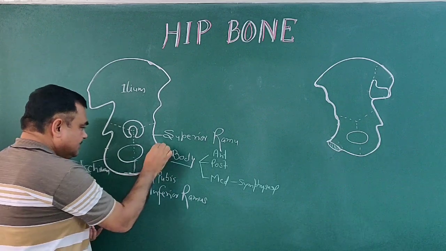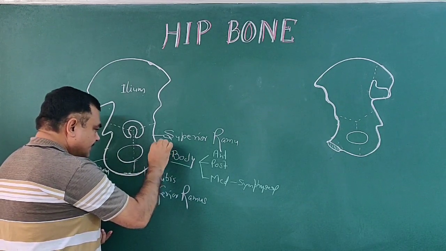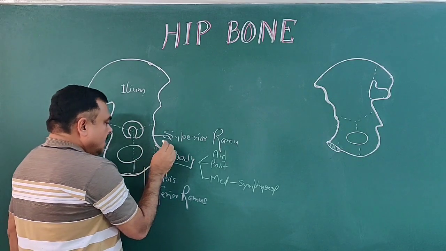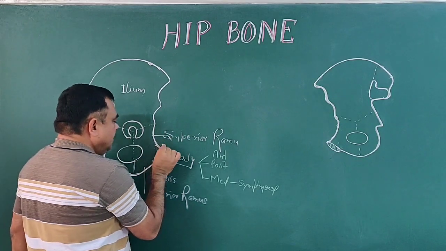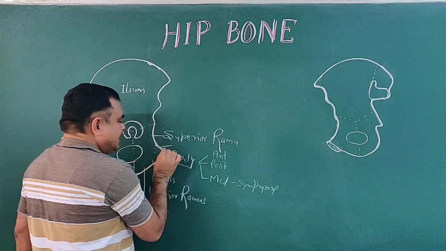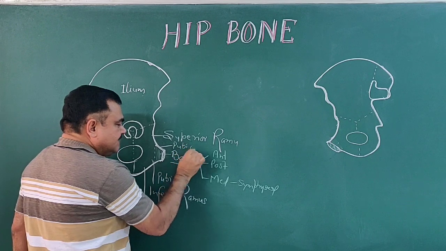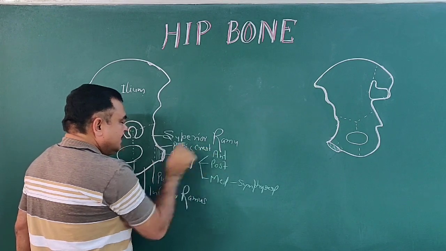Here is one border, the upper border, the superior border. The superior border forms the pubic crest.